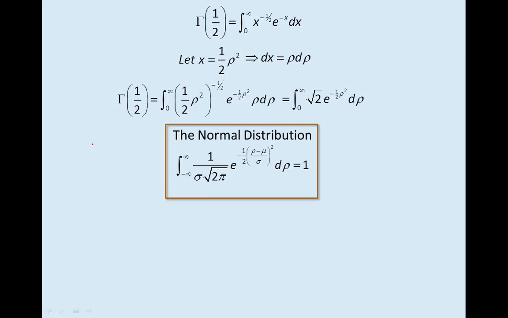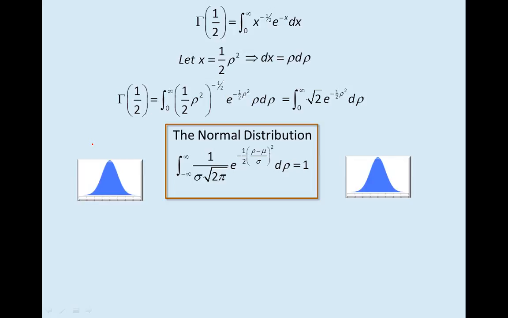And what we know about this integral, if you go from negative infinity to infinity, the value is 1. Definitely. We know that to be true. And we also know that this integral is symmetric about mu. So half of the area under the curve is to the left of mu, and the other half is to the right. And what we get is a bell-shaped curve, like this.